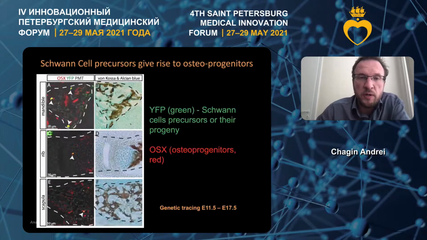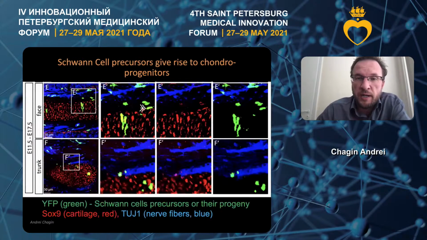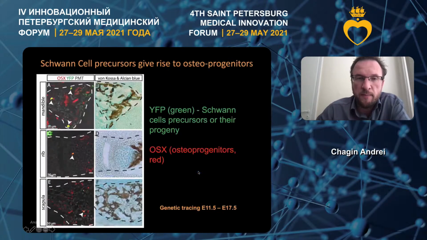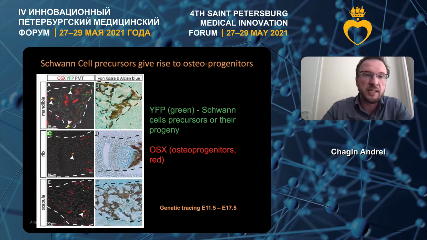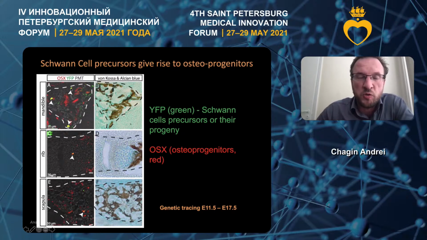The same we can do, and Tuj1 stains the nerve, the blue one. The same we can do to check what's going on in the bone, and we can see that osteoprogenitors, which we can detect by Osterix immunolabeling, are also green, meaning again that they originated from Schwann cell precursors.